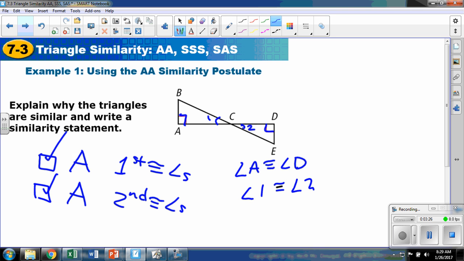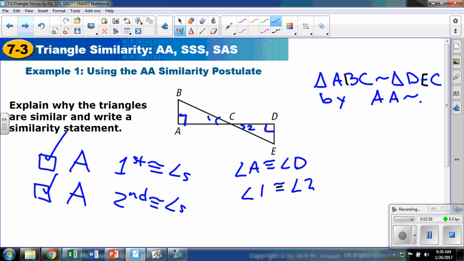So we've got a second pair. There, we're done. We would have triangle ABC is similar to triangle DEC, with A matched up with D, B matched up with E, C matched up with itself, corresponding. And we use angle-angle similarity to do it. We're done.